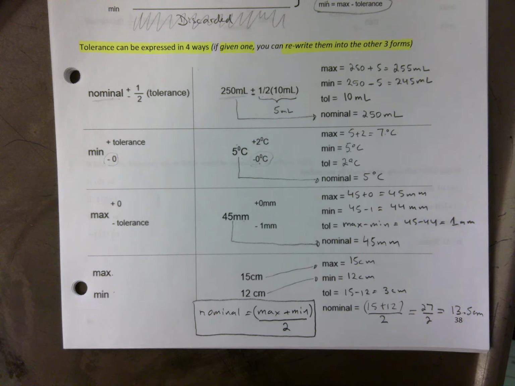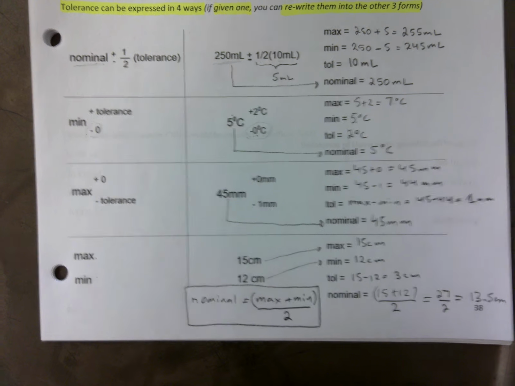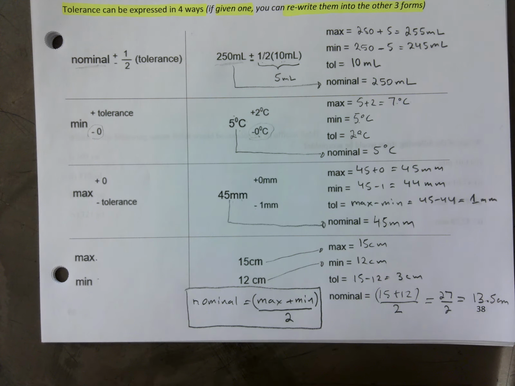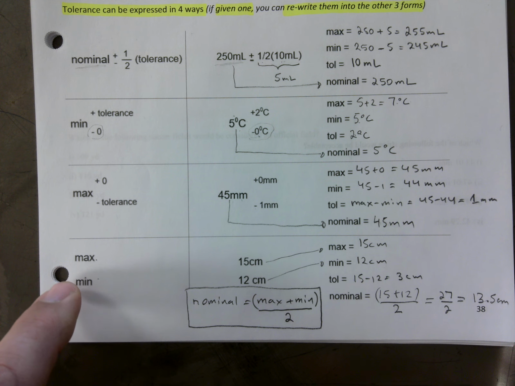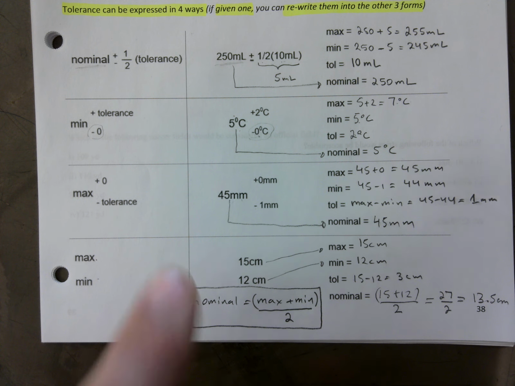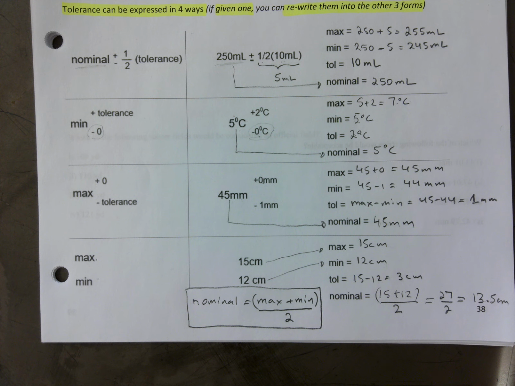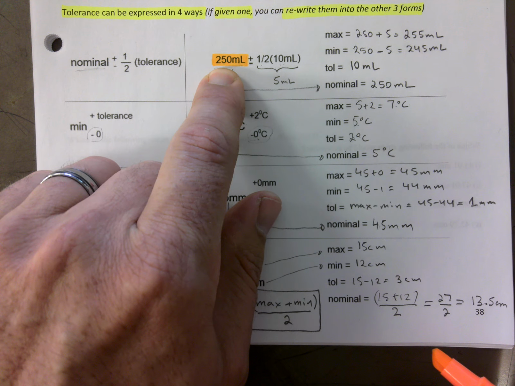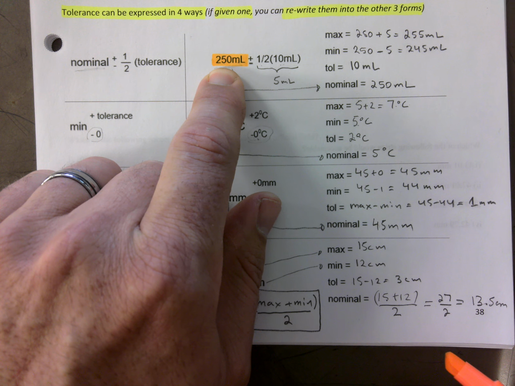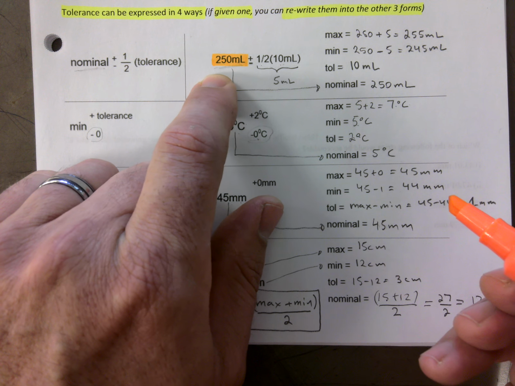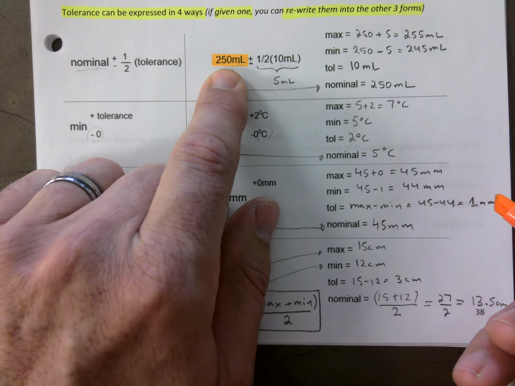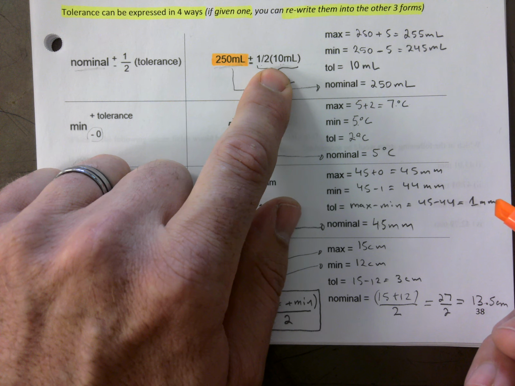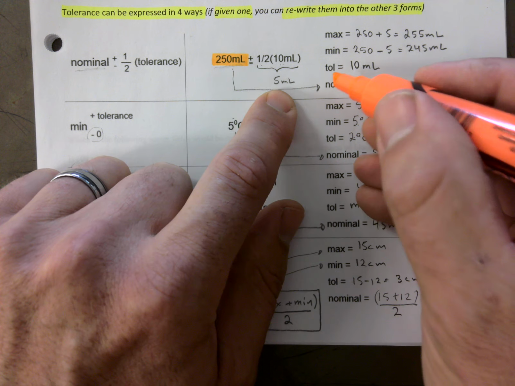I hope you wrote this down on your study sheet. If you haven't done so, don't wait too long. But the one thing I want to highlight on this particular page, if you have a different color, is that the big number at the front of your tolerance way of stating, because these are all stating some sort of measurement and what is tolerated in that industry.